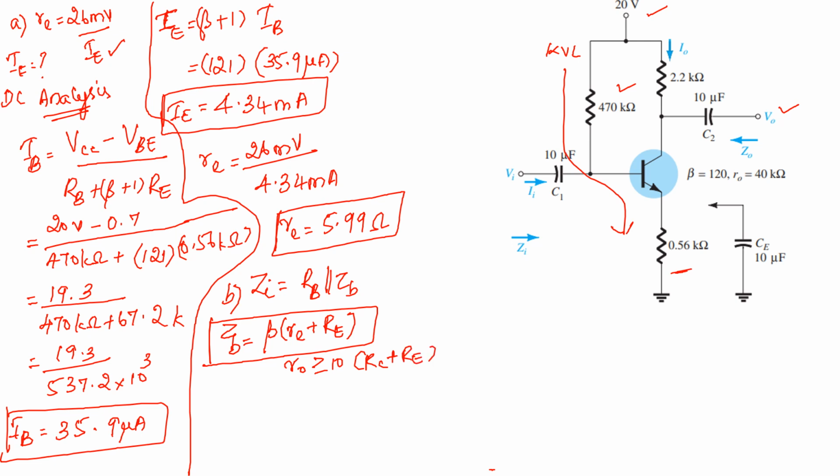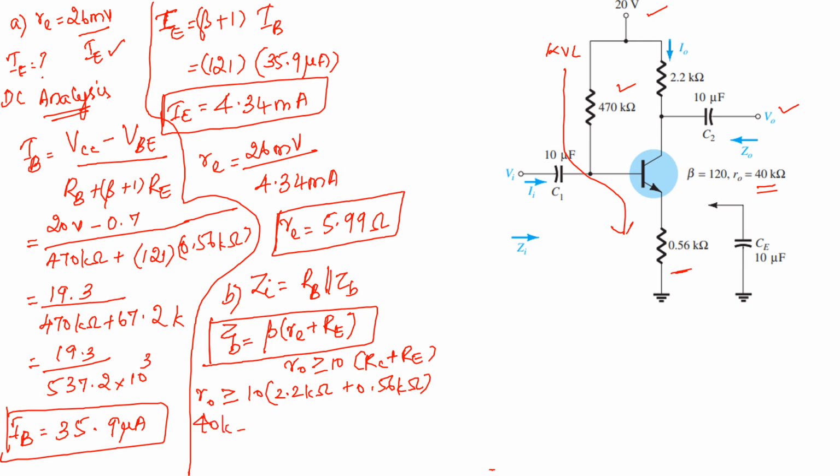So let us first check whether the condition is satisfied. R0 is greater than or equal to 10 times of RC, which is 2.2 kilo ohm, plus RE, 0.56 kilo ohm. R0 is given in the question as 40 kilo ohm.